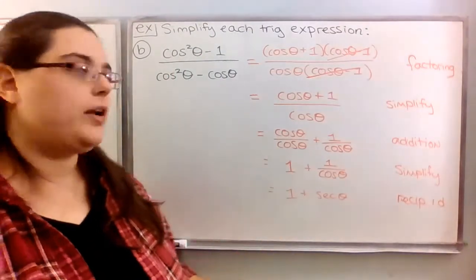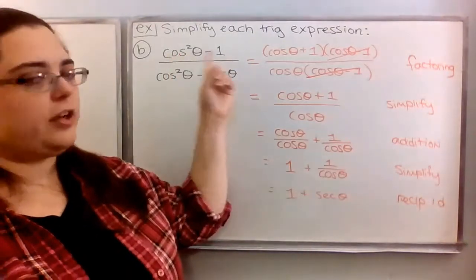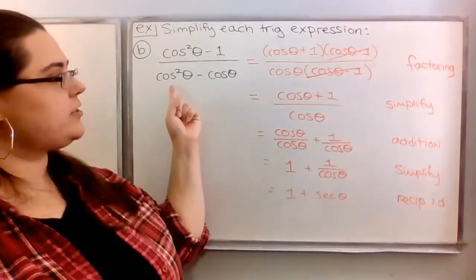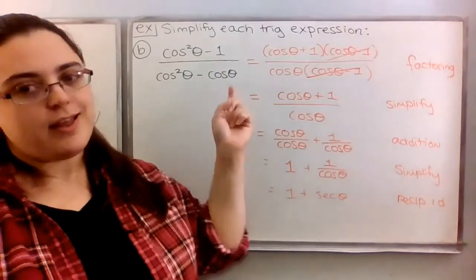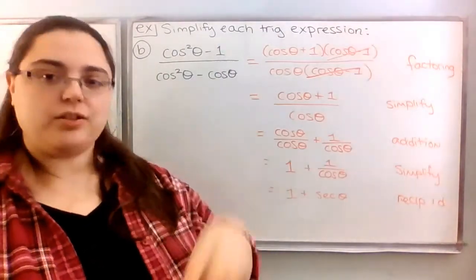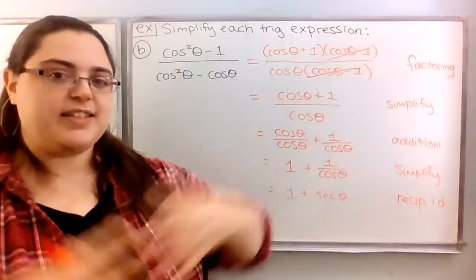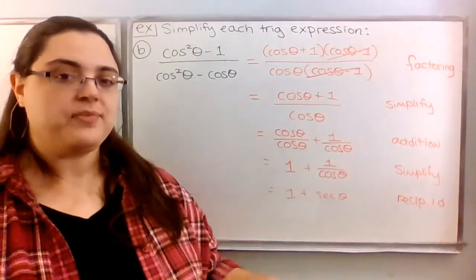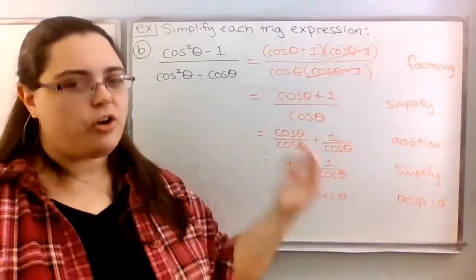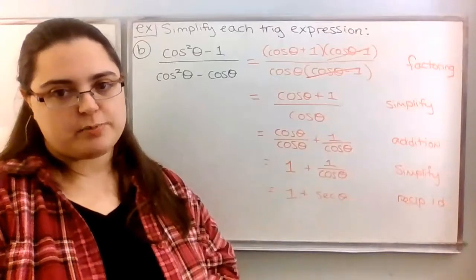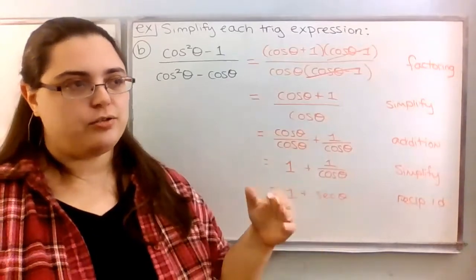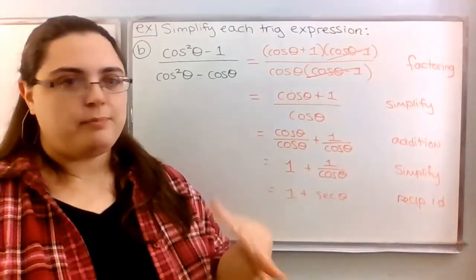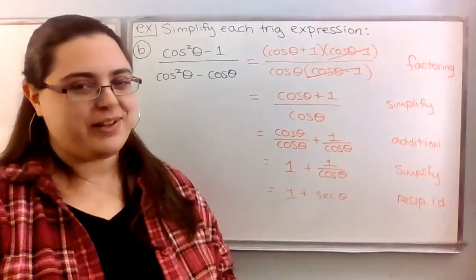If the numerator had had something like sine squared theta and the denominator had this cos squared minus cosine, then I would recommend using a Pythagorean identity to get everything in terms of cosine. But generally, if everything is already in terms of a single trig expression, you don't want to mess that up. You want to see if you can manipulate that somehow.